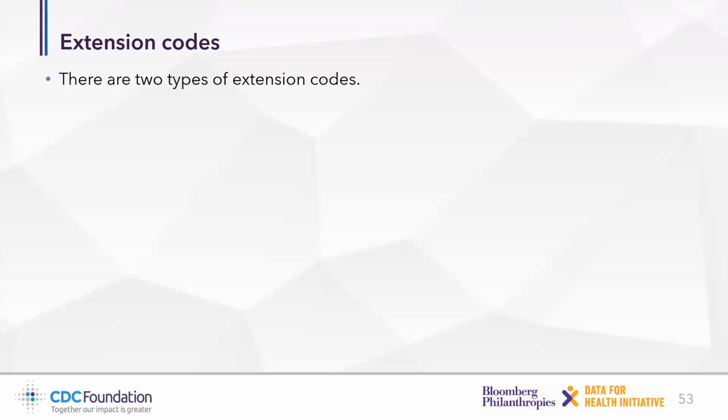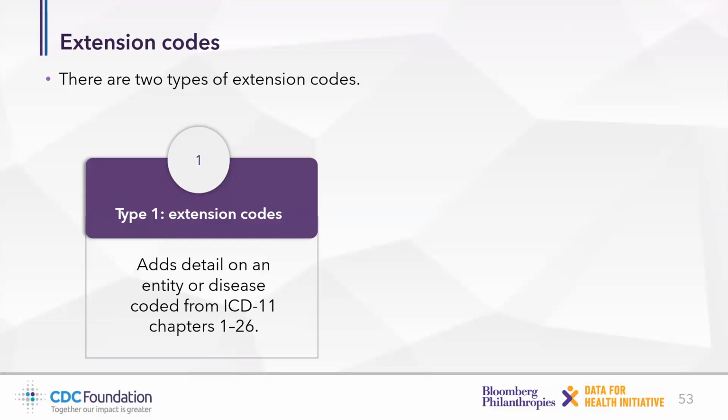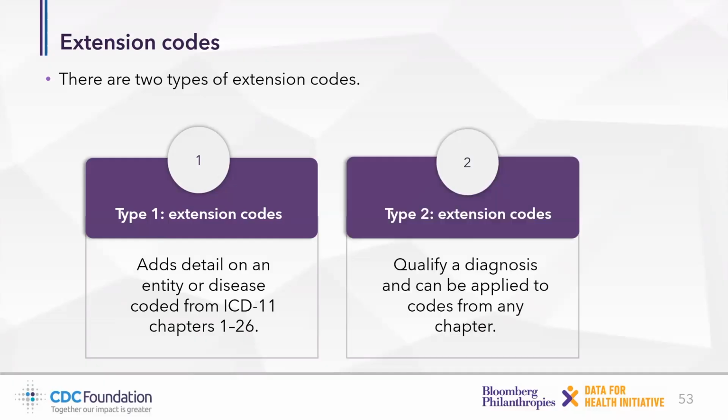There are two types of extension codes. Type 1 extension codes add detail on an entity or disease coded from ICD-11 chapters 1 to 26. Then there are type 2 extension codes that can qualify a diagnosis and can be applied to codes from any chapter.